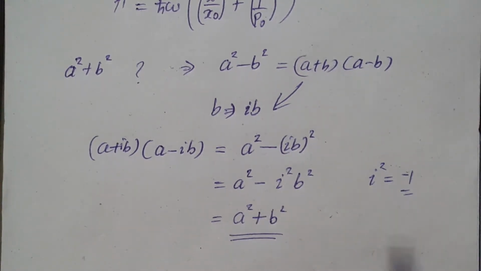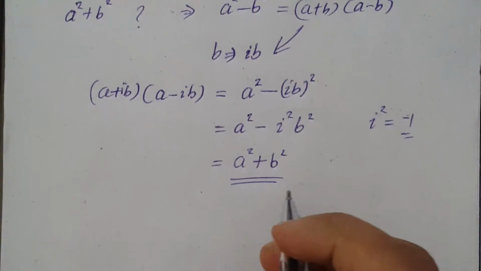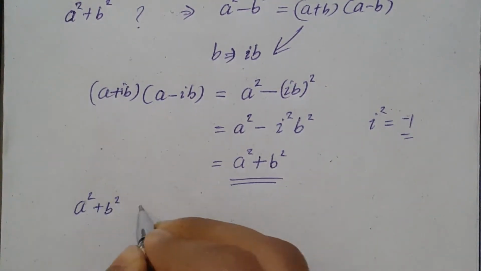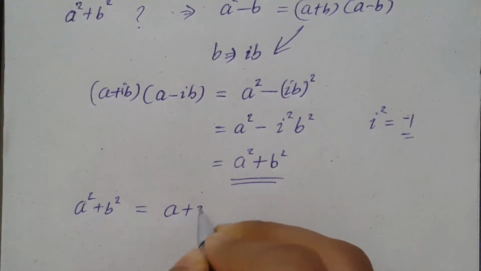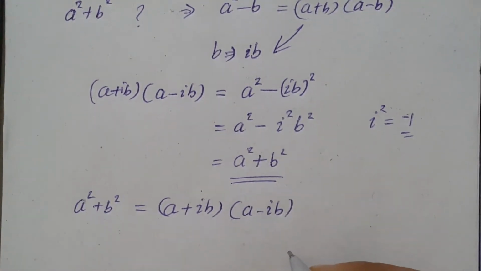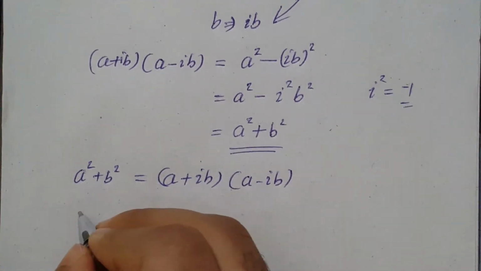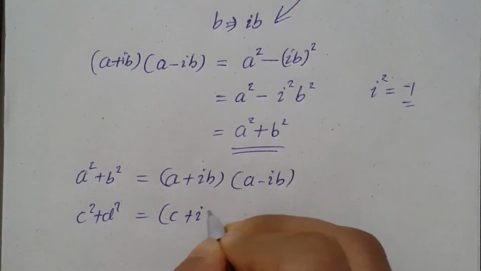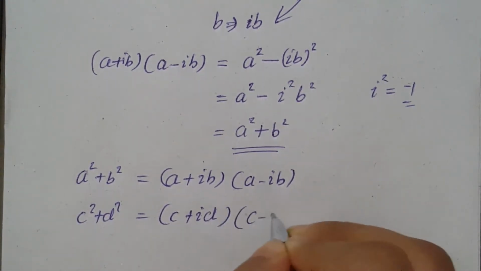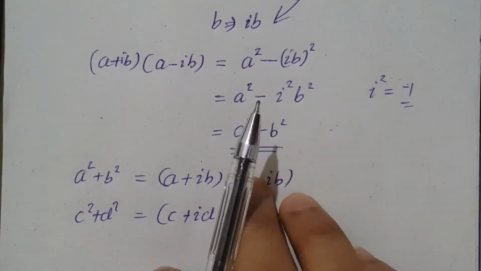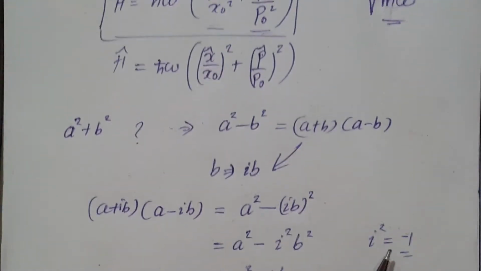So whenever you have a square plus b square, you can write it as a plus ib times a minus ib. Or if it is c square plus d square, you can write it as c plus id into c minus id.